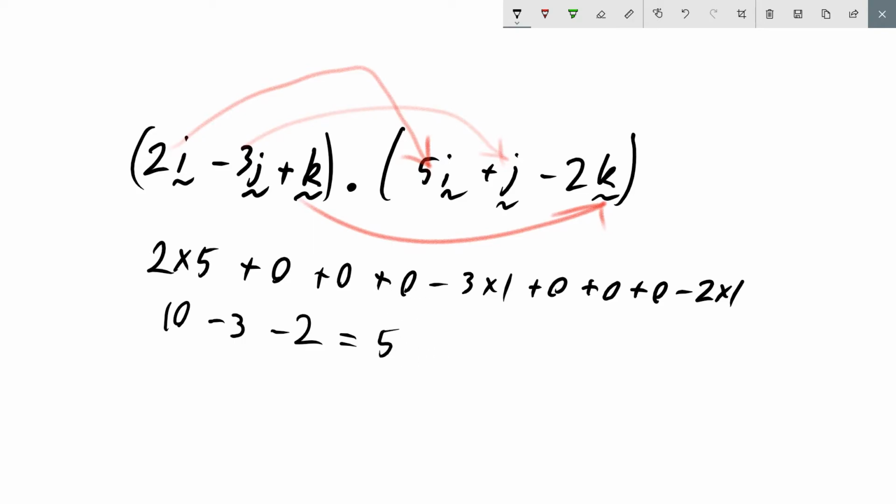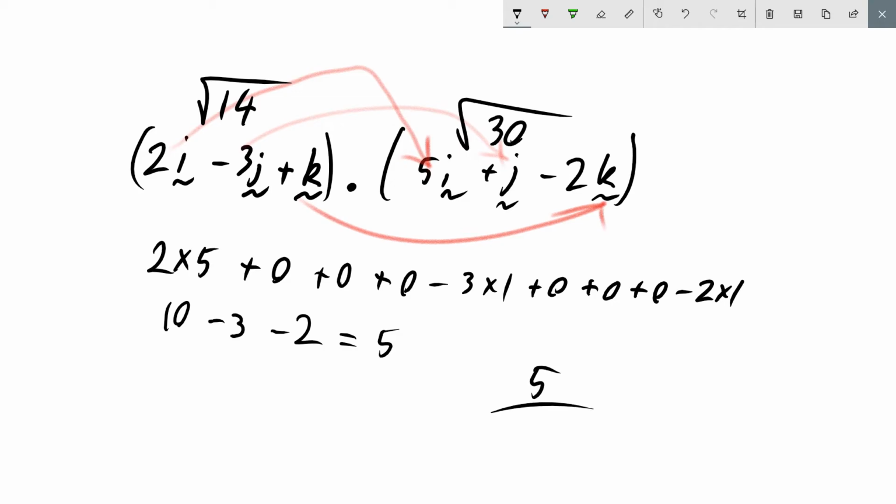So let's find the magnitude of this. It's going to be 2 squared, 4, plus 3 squared, so that's 9. 4 plus 9, that's 13. Plus 1, root 14. That's the magnitude there. And here, 25 plus 1, 26. Plus 4, root 30.